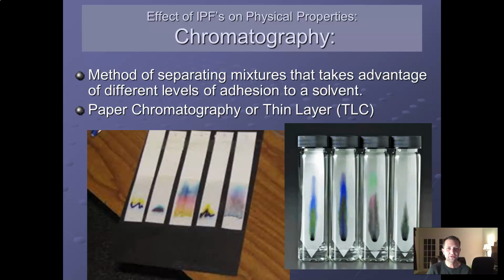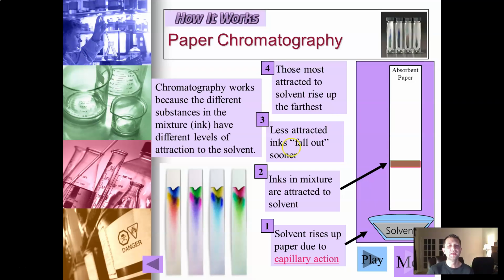Next one is chromatography. We talked about this in Chem 1 a little bit. It's a method of separating mixtures that takes advantage of different levels of adhesion to a solvent. The main example is thin layer chromatography, or paper chromatography. We did a little mini experiment like this in Chem 1, I'm pretty sure. So you have some chromatography paper, and you put a line of, let's say, marker on a piece of paper.